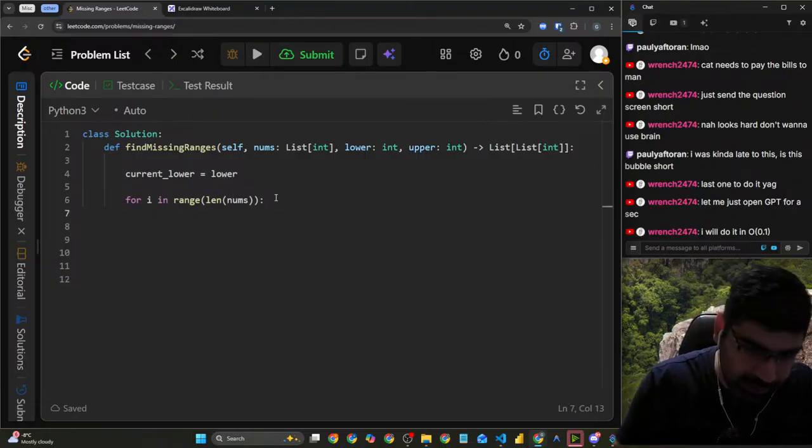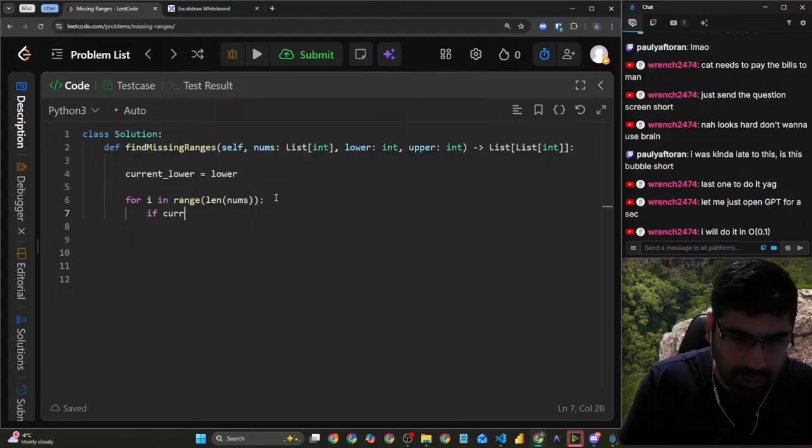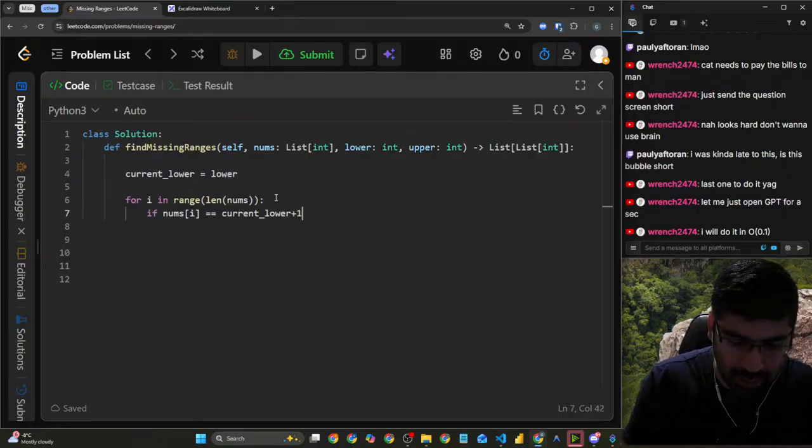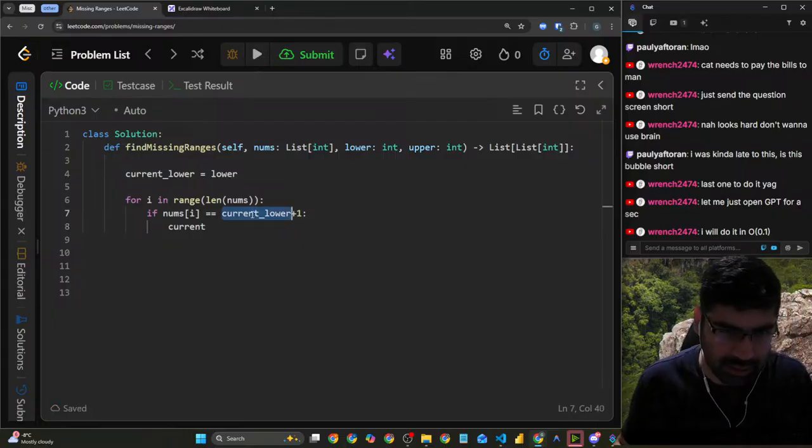So for i in range this, current is nums[i]. If the current number is equal this way, let me just copy this because it's easier.